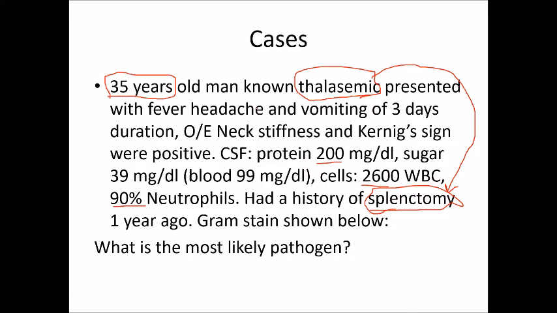But when you are presented with an adult patient, you should think more of pneumococcal meningitis, because this is the most prevalent kind of meningitis in adults, and it's the most dangerous one, with the most frequent complications and even death rate. So it's the most severe one of the pyogenic meningitis.